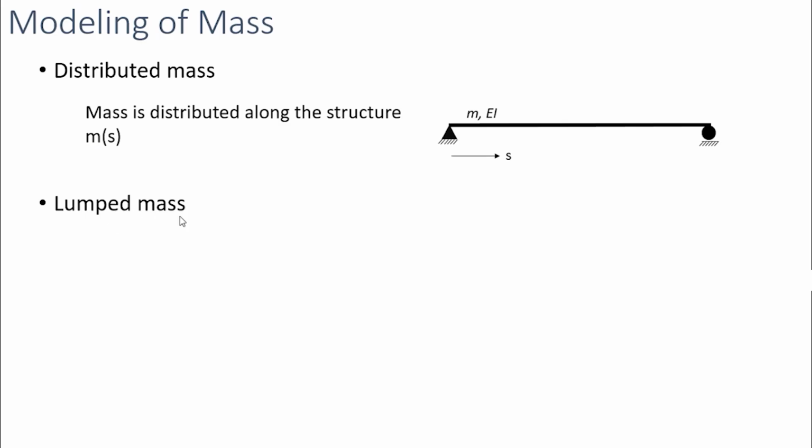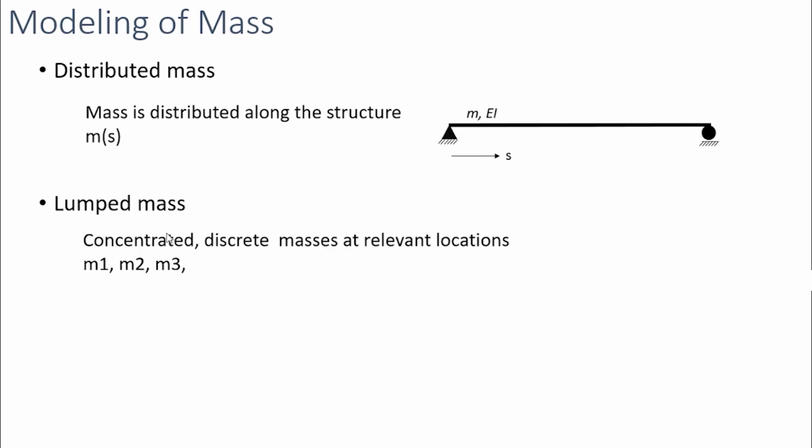In a lumped mass system, we assume mass as concentrated discrete masses at relevant locations. So instead of treating it as a function of position, we can treat it as discrete quantities like mass 1, mass 2, mass 3, etc. For example, this is a system where the lumped mass assumption is used to model mass.